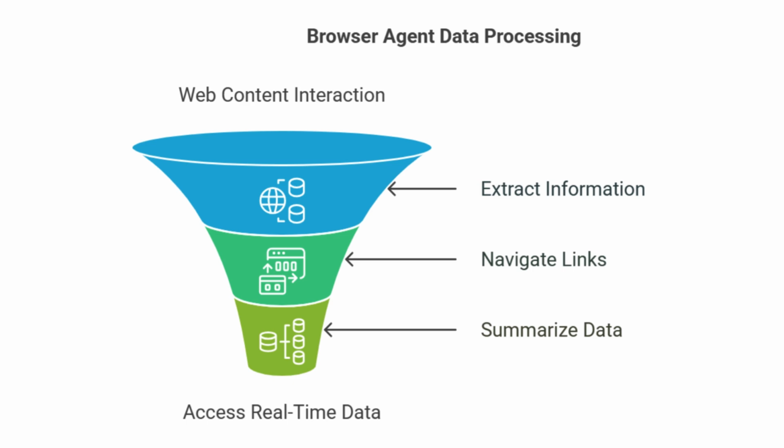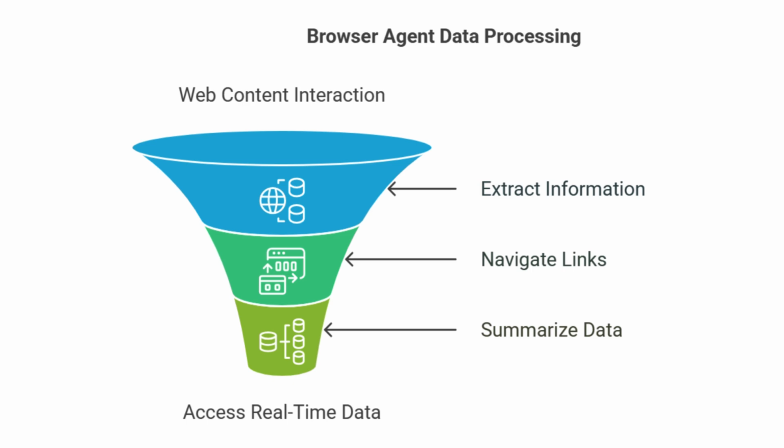Vision and browser agents in the real world. By integrating vision and browser agents, AI becomes much more than a text-based assistant. These agents can assist doctors in diagnosing medical conditions from images, help manufacturers detect product defects automatically, automate news and market analysis for journalists and researchers, provide real-time price tracking for shoppers and businesses, and extract and summarize legal or research documents from the web.